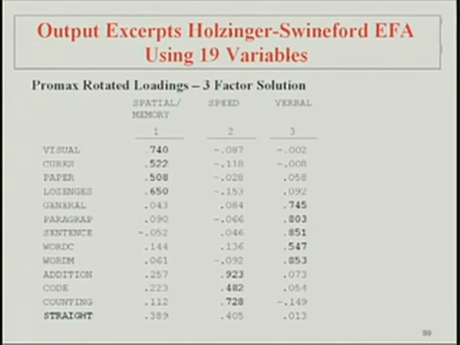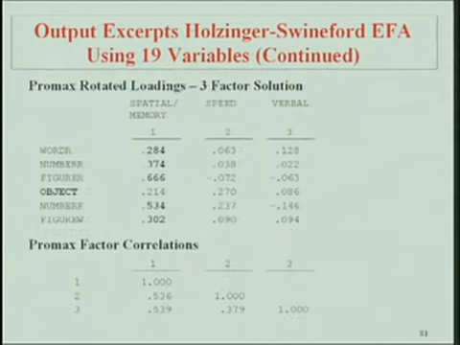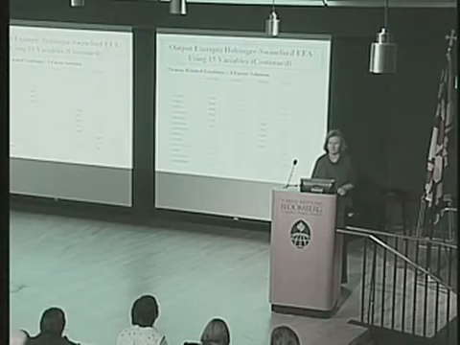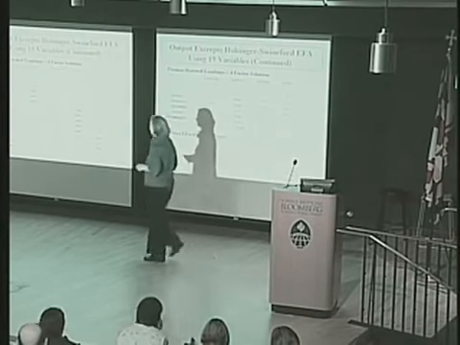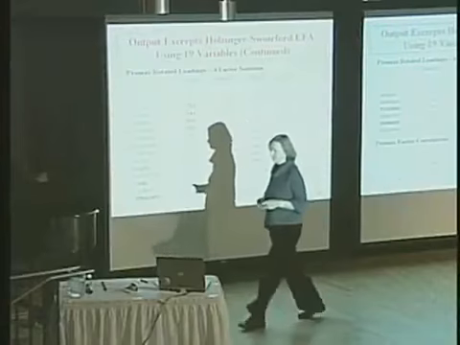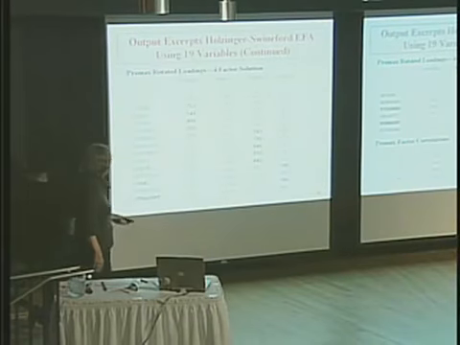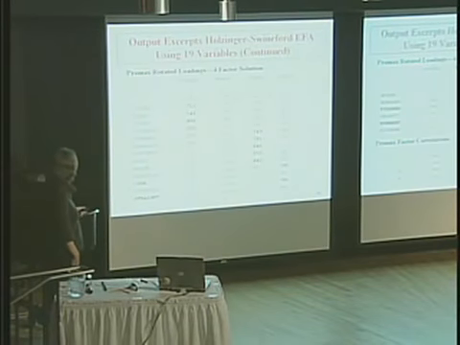And then we have our factor correlations at the bottom of the screen there. So that's the 3-factor solution. I then went on to look at the 4-factor solution, keeping in mind the same type of criterion.